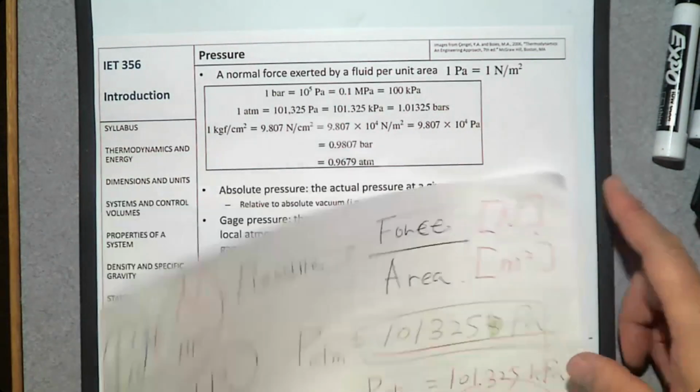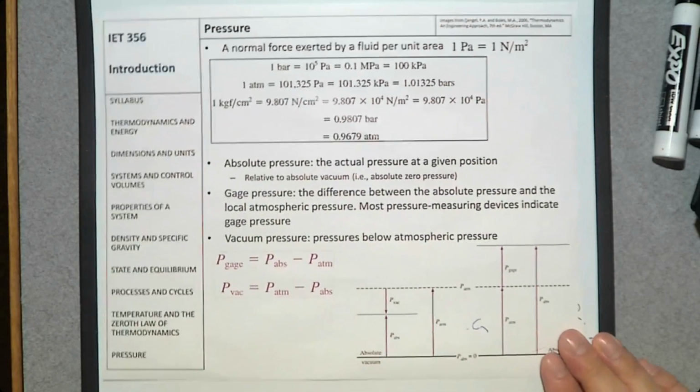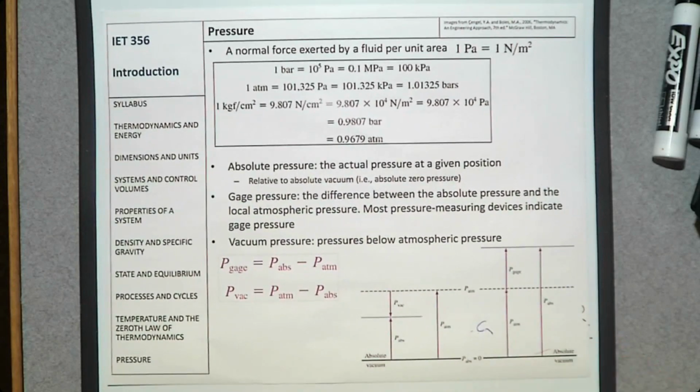Okay, this one. Then we have absolute pressure, gauge pressure, and vacuum pressure. So pressure looks a little more complicated than temperature, right? Then what does it mean when we prepare for our first exam?